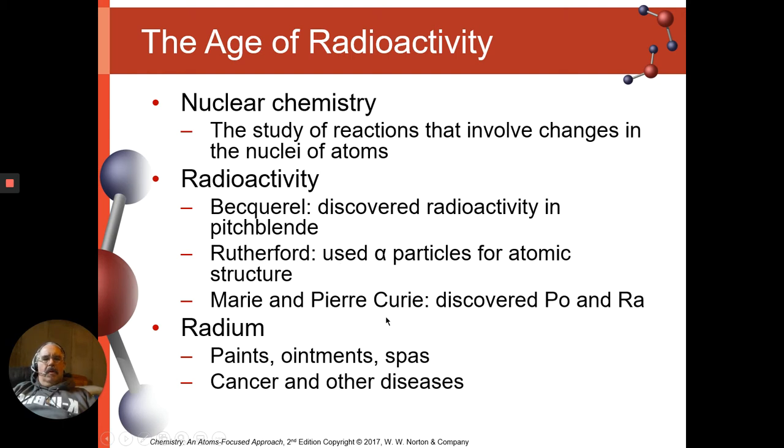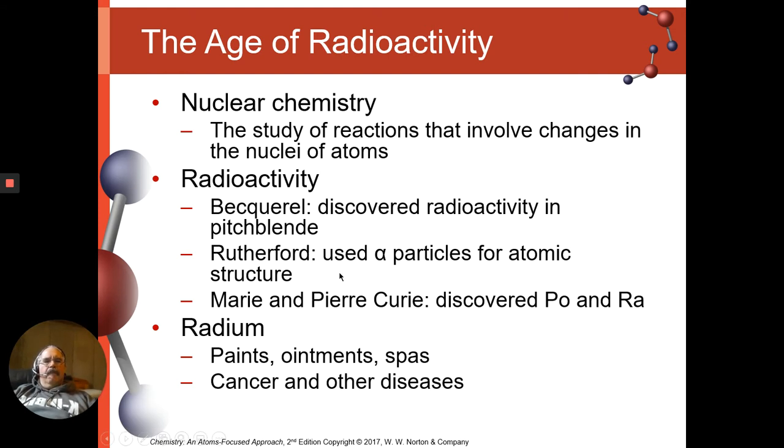Marie and Pierre Curie helped him to explain this phenomenon, and the Curies coined the term radioactivity. It was actually something that didn't have anything to do with phosphorescence. The Curies also discovered polonium and radium, which are both radioactive elements.